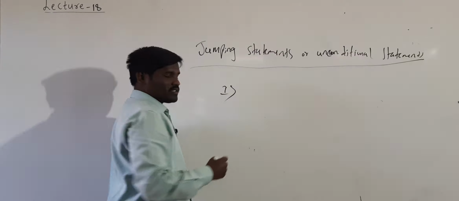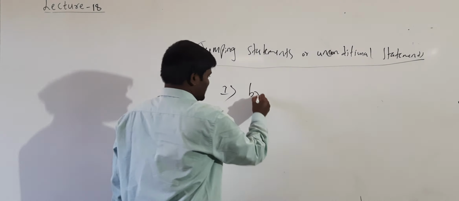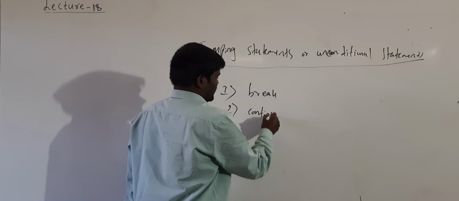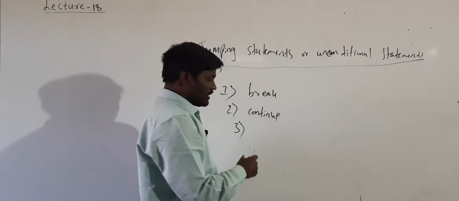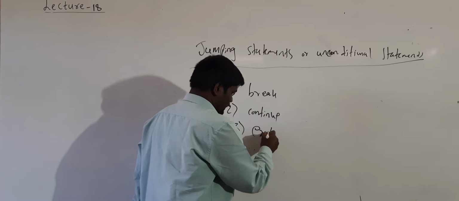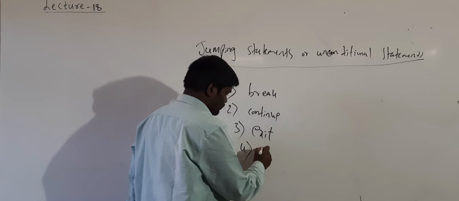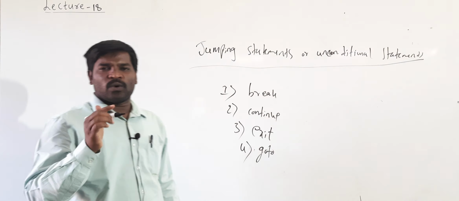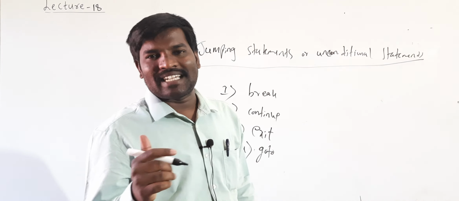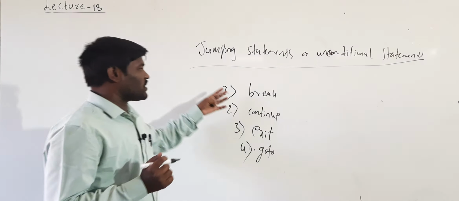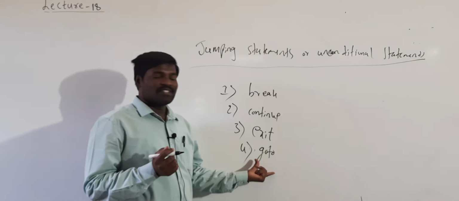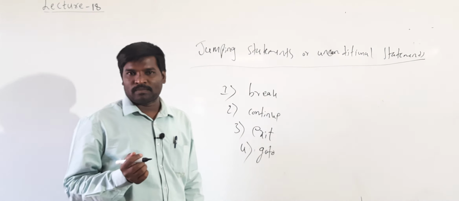So first one, break. Second one, continue. Third one, exit. Fourth one, goto. So there are 4 types of jumping or unconditional statements. The first one is the break statement, second is continue, third is exit, and the last one is the goto statement.